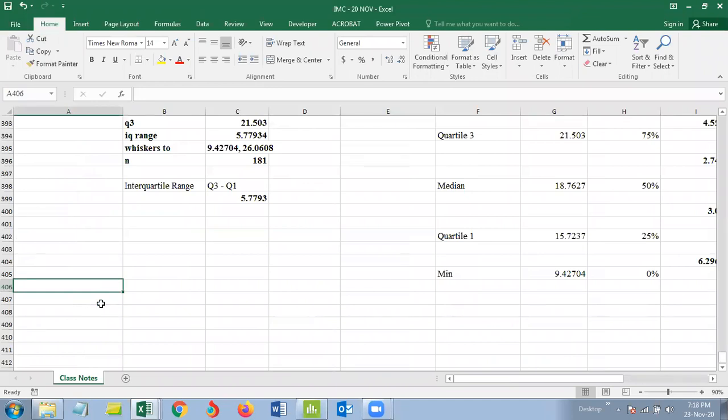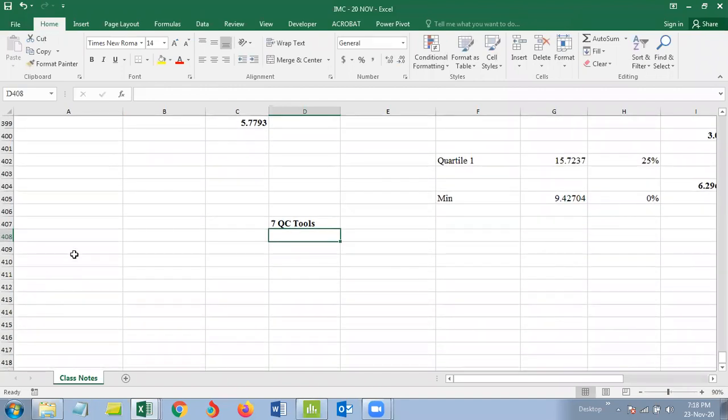Pretty much one more thing in the analyze phase before we move on to the improve one. Again, we'll have some more tests in the improve phase also. But before we get there, there's something called 7QC tools, 7 quality control tools, which are graphical tools, and some of which we have already covered, but we should know all of them. These are very commonly known lists.